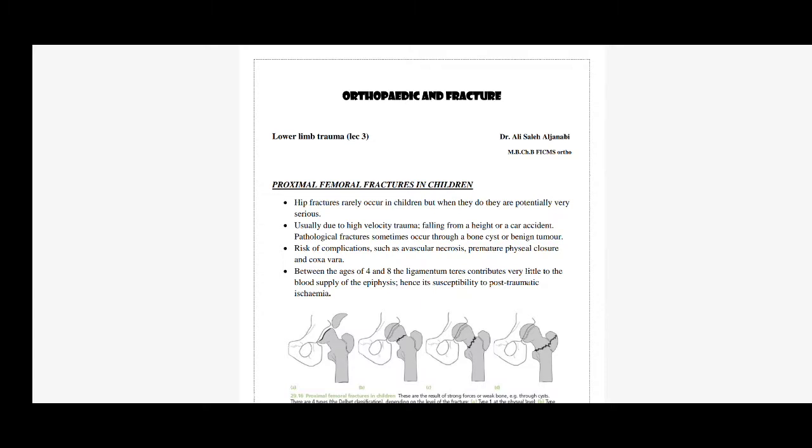It usually occurs due to high velocity trauma, such as falling from height or road traffic accident. Sometimes a pathological fracture due to bone cyst or bone tumor may occur in this site.